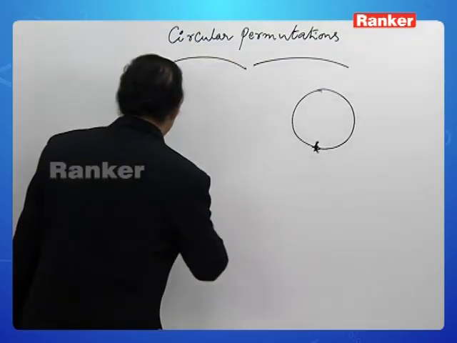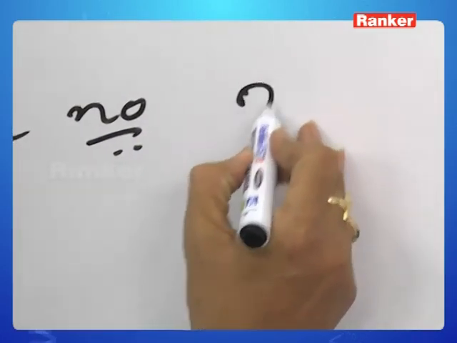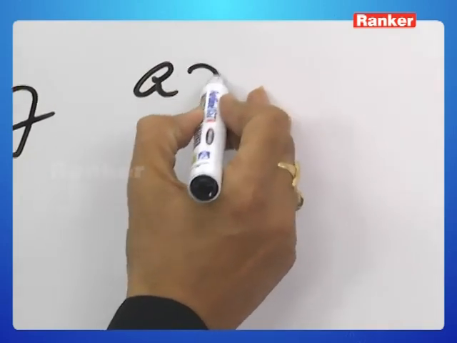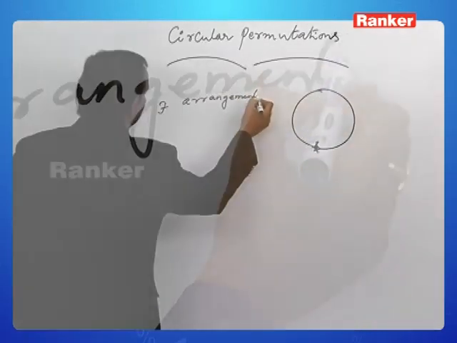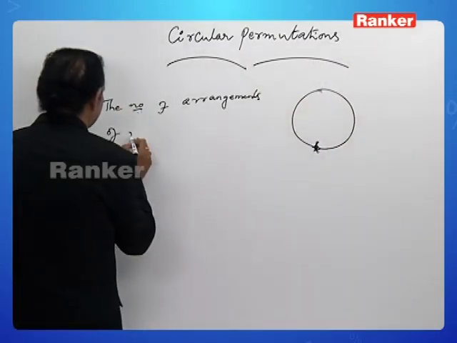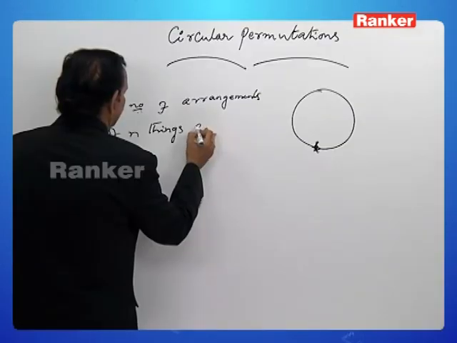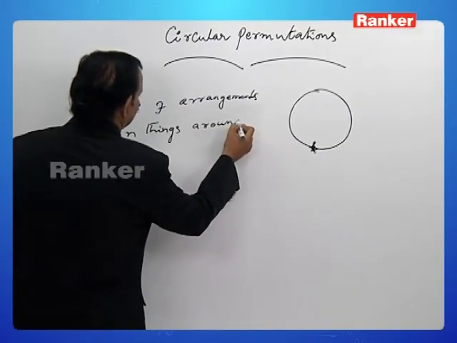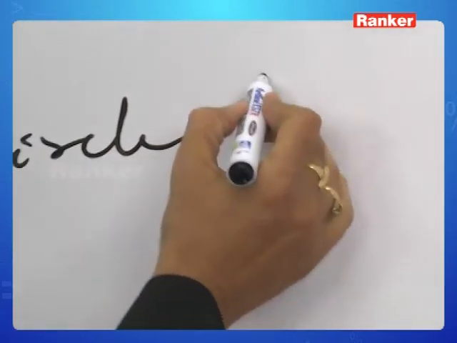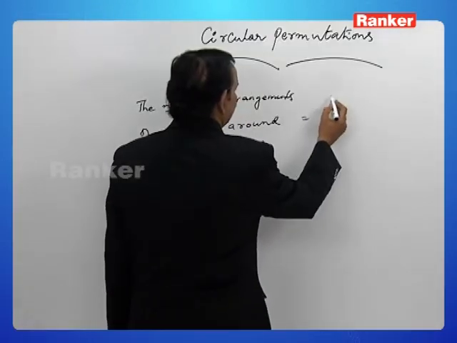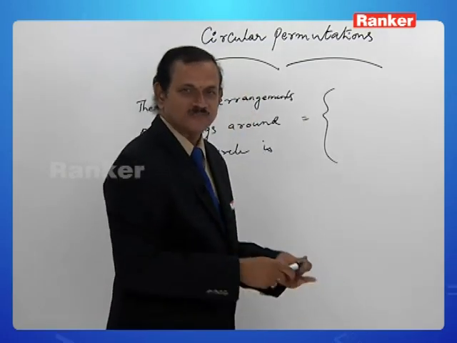Therefore, the number of arrangements of n things around a circle is, here we observe 2 types of answers.